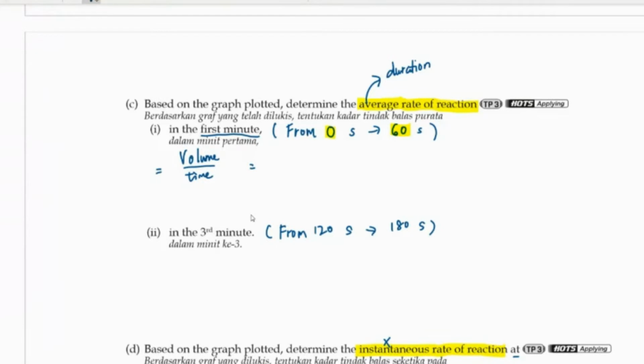So the volume at 60 seconds is 35, so 35 minus 0 is 0, divided by the time. The unit is cubic centimeter. Time is 60 seconds, the initial one is 0 seconds. So use your calculator. What is the value you get?